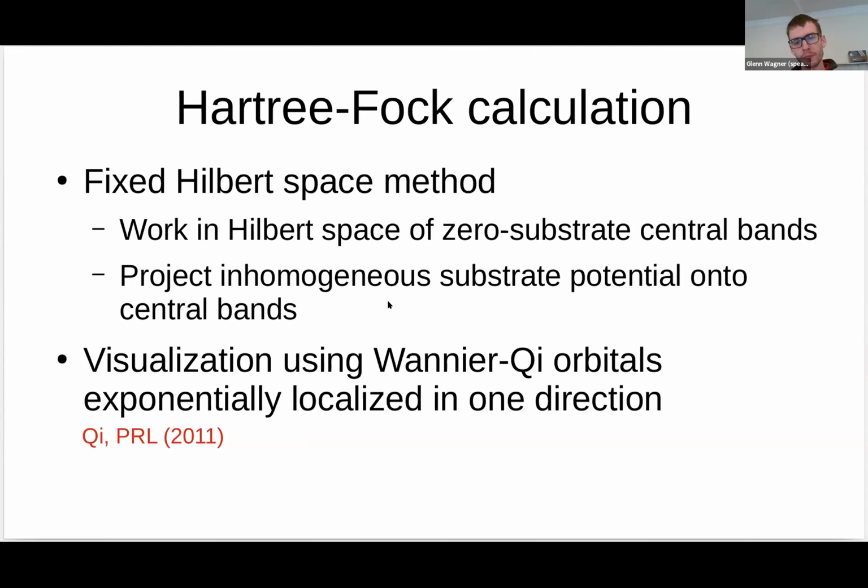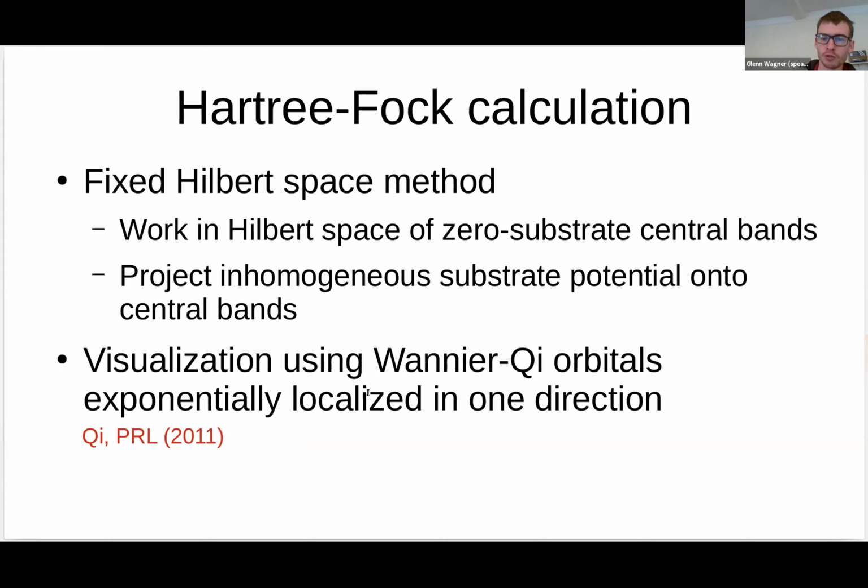And the other thing I wanted to add is that we also found a useful way to visualize our Hartree-Fock solutions. Once we've done the self-consistent Hartree-Fock, we end up with some solution, we want to visualize it.